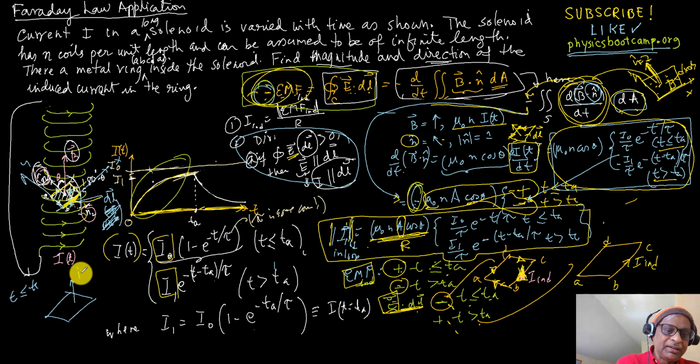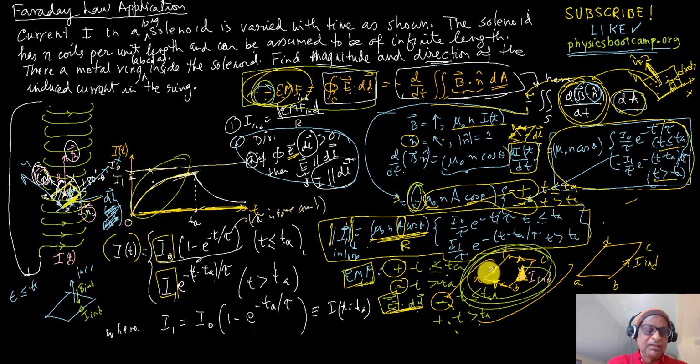This is increasing, which means we want the induced field this way, which means the current has to be that way. I induced has to be that way. Use the right hand rule, and so this is the correct orientation for t less than TA.